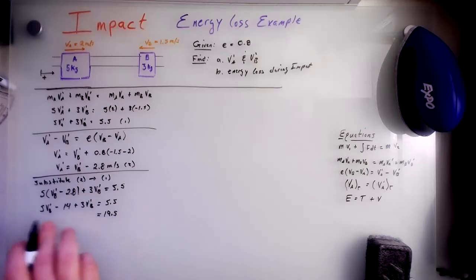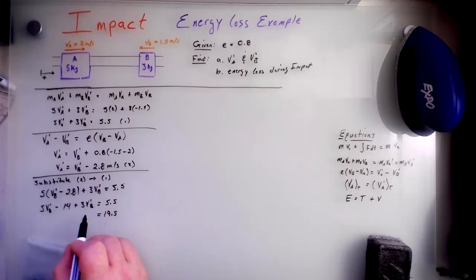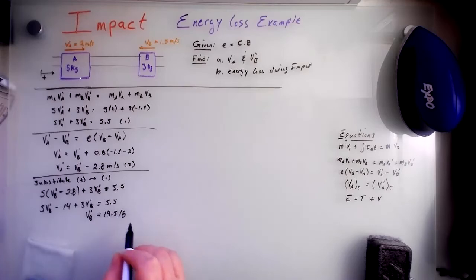This is 8 VB prime, so VB prime is going to be equal to 19.5 divided by 8, which gives us 2.4375. We'll keep all the digits because we're going to be doing energy and want to be precise there.